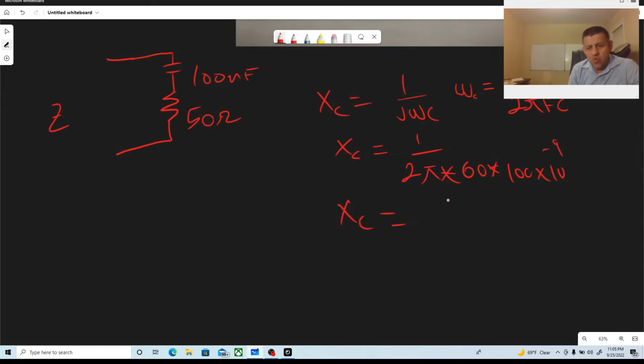XC is equal to 1 over 0.0033769, right? Okay, so we take that number, we take 1 and we divide it by that number, and we get a value for XC.